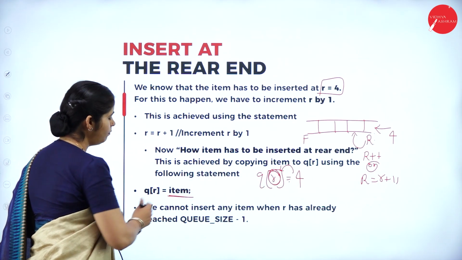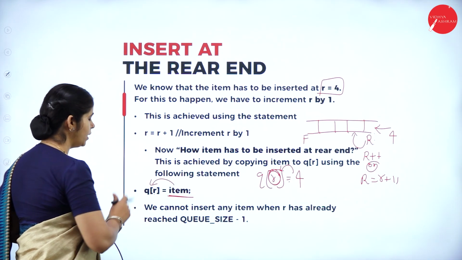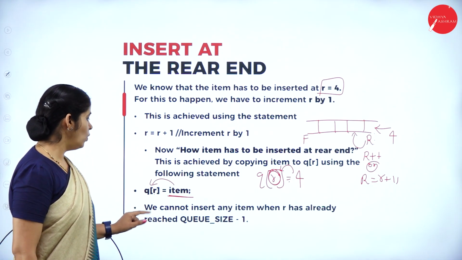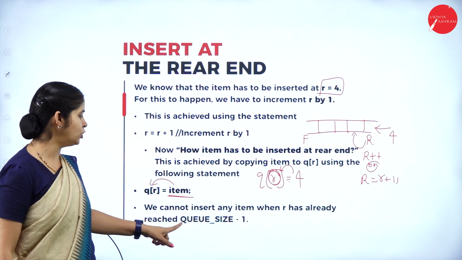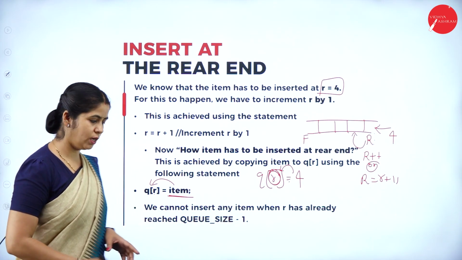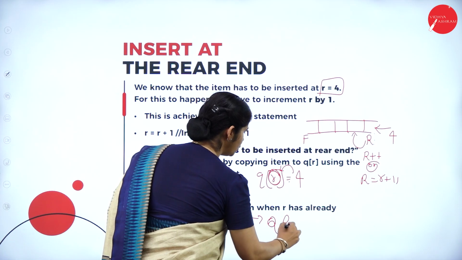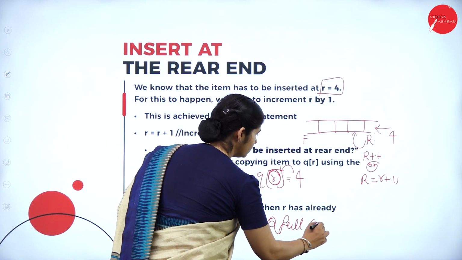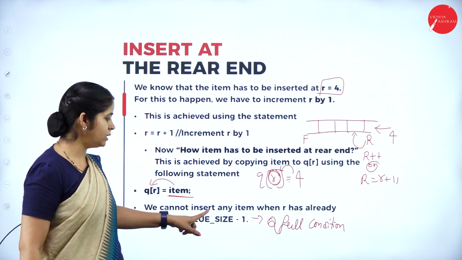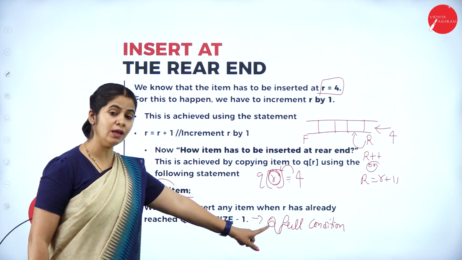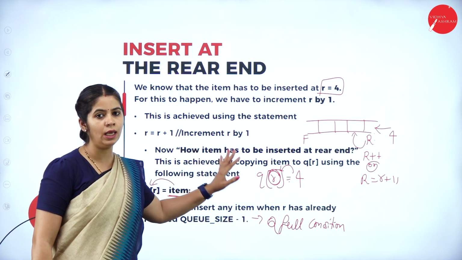That is, the item which we want to insert will be copied into this particular position of R. We cannot insert any item where R has already reached queue size minus 1. That is the queue full condition. If R is Q size minus 1, that represents the Q full condition. At that condition, we cannot insert any element.